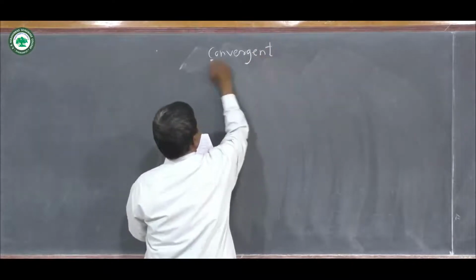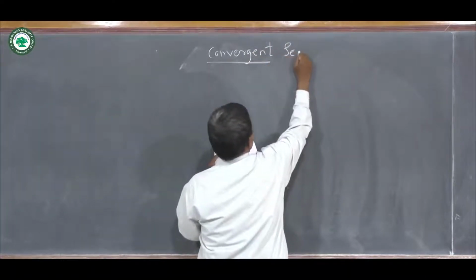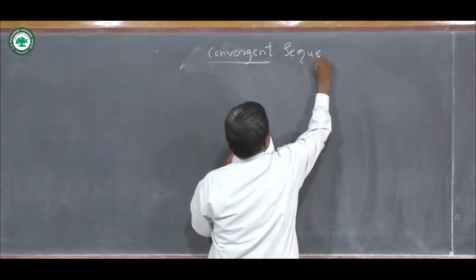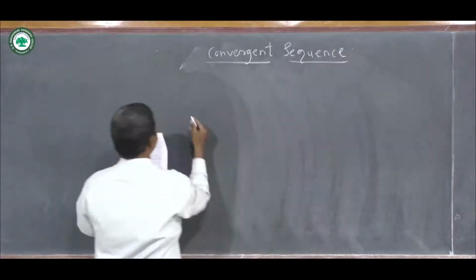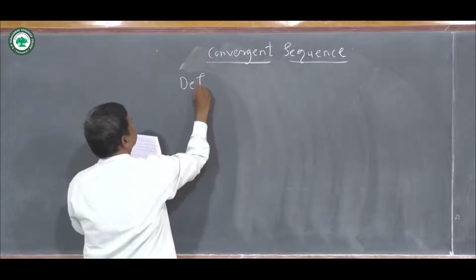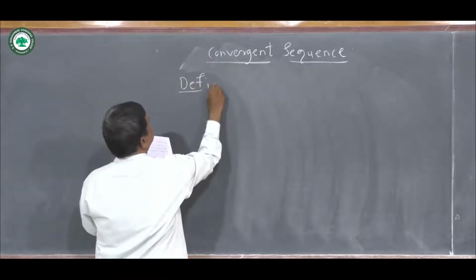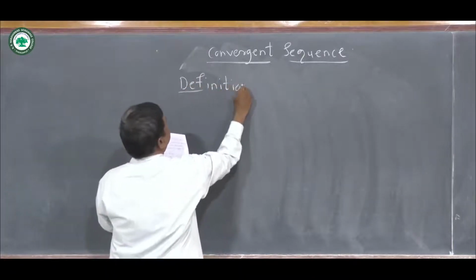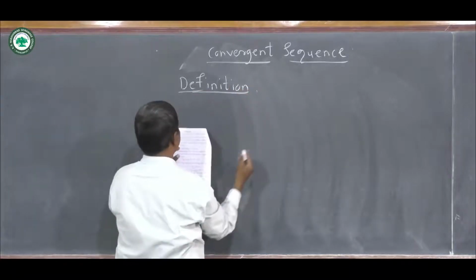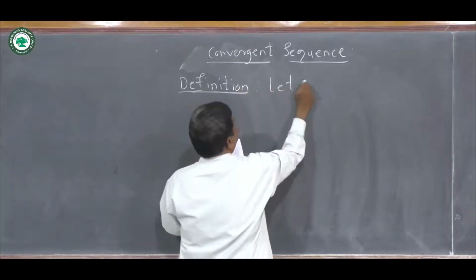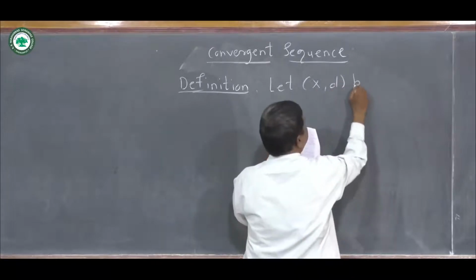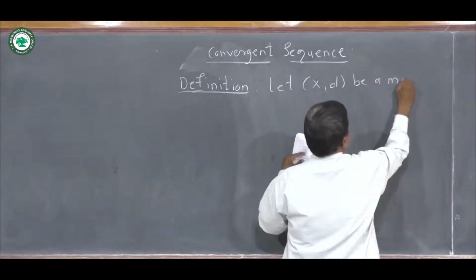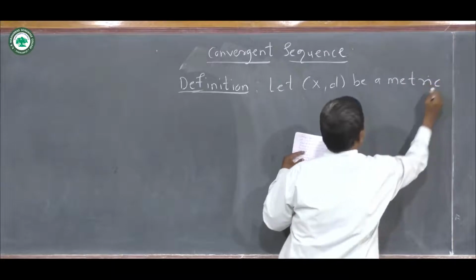Definition of convergent sequence. Let (X, d) be a metric space.